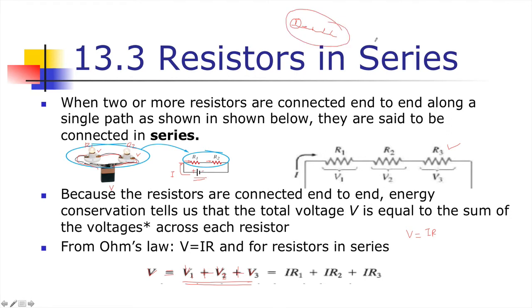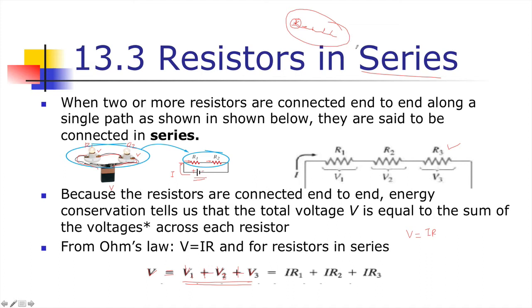So you don't want to wire your home network in a series fashion. Why? Because if the TV is off, then everything will be off. That's not the right way of having your circuit at home.